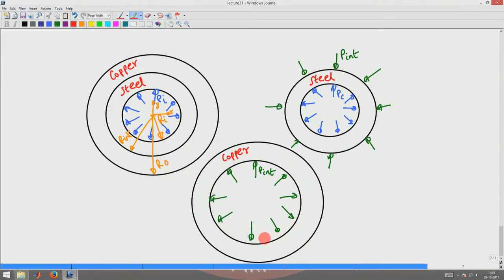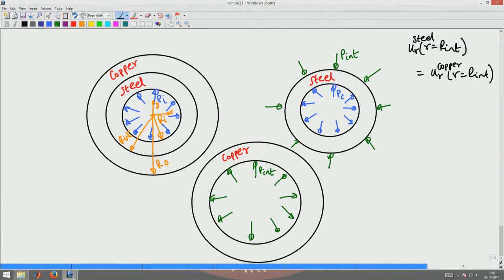What is required is the displacement at the interface: what you require is ur at r equal to r interface of the steel must be the same as ur of copper at r equal to r interface. Okay. The radial displacement at the interface has to be the same.